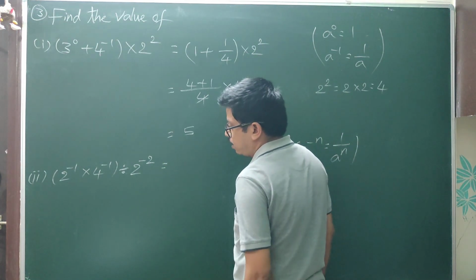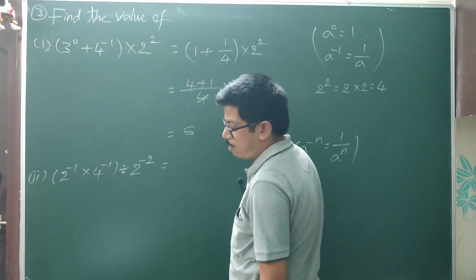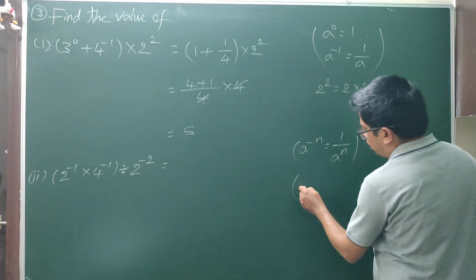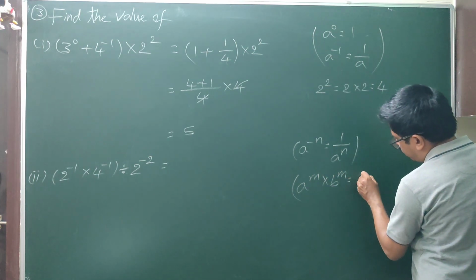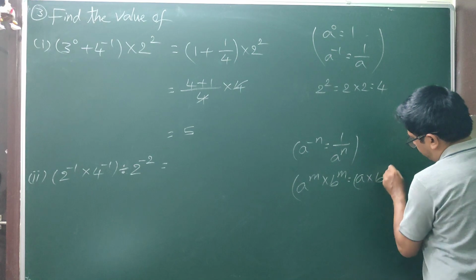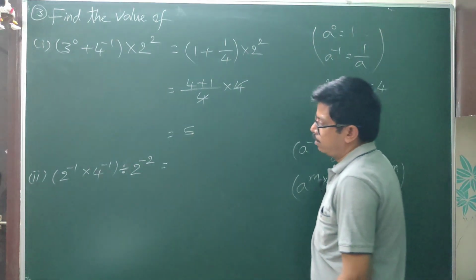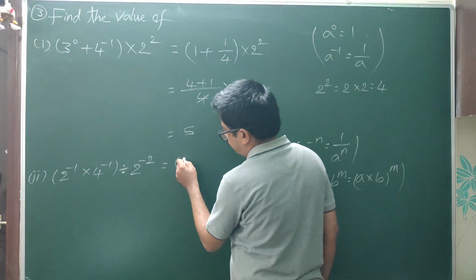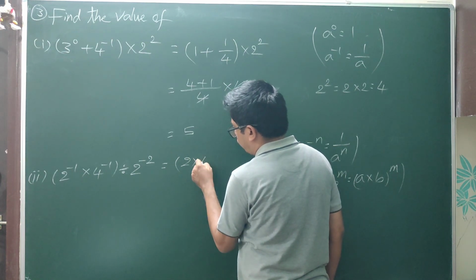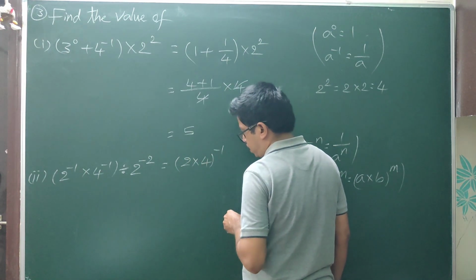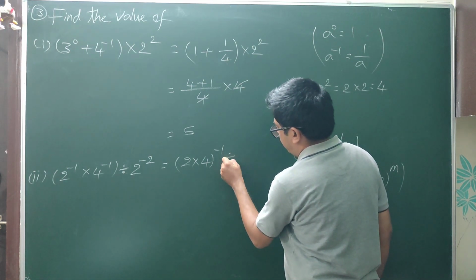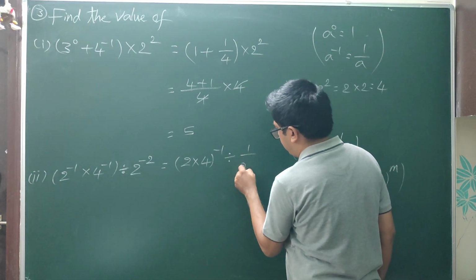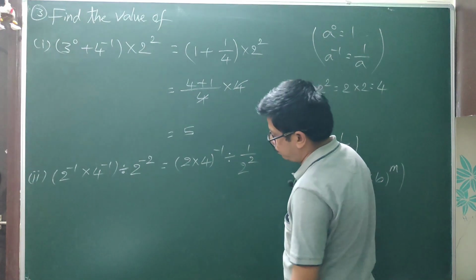Here is another formula: a power m into b power m equals a into b whole power m. So here, 2 into 4 whole power minus 1 divided by 1 by 2 square.